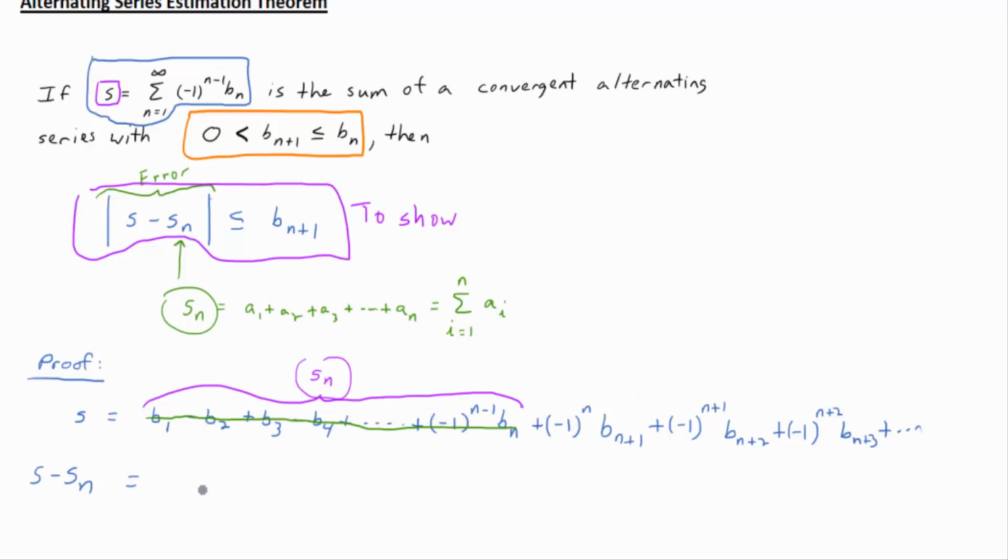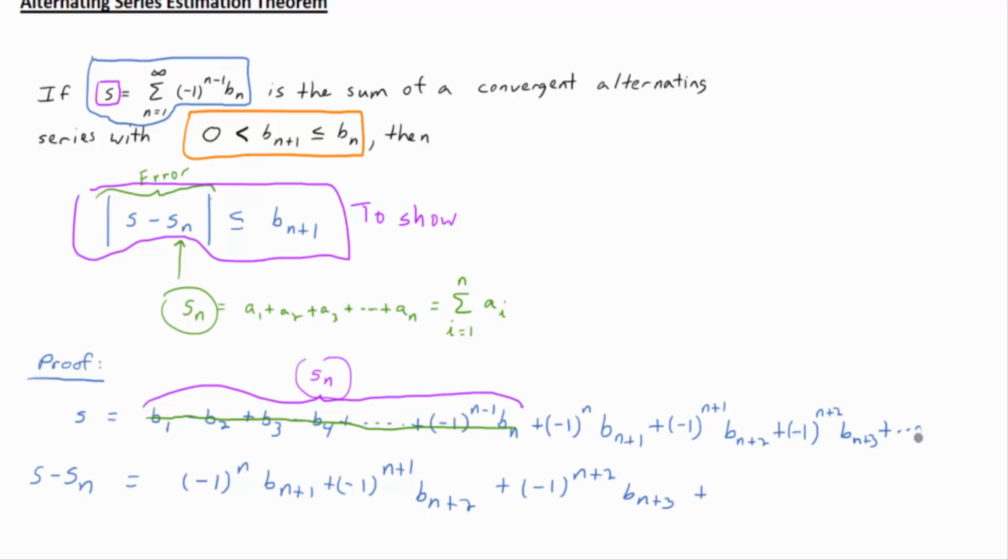It's also the error, without the absolute values around it. So negative 1 to the n, bn plus 1, plus negative 1 to the n plus 1, bn plus 2, plus negative 1 to the n plus 2, bn plus 3. I need one more. So what's the next term going to be?